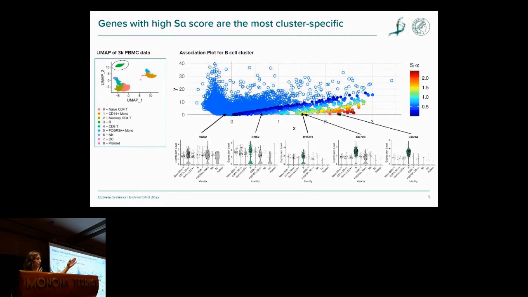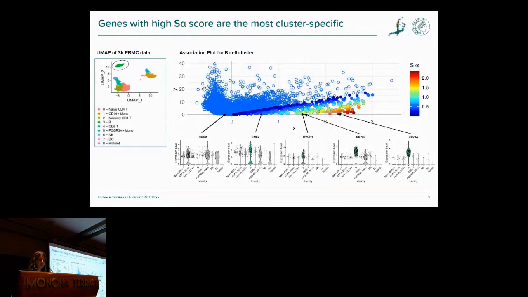Based on the theory of correspondence analysis, we know that all of the genes which are specific for this selected cluster of cells will be located very close to this cell cluster, and the angle between the gene and this vector will be very small. But what I haven't mentioned in my talk is that we can also make conclusions about the expression of a given gene in all other clusters, even though we generate an association plot only for this cluster of interest.